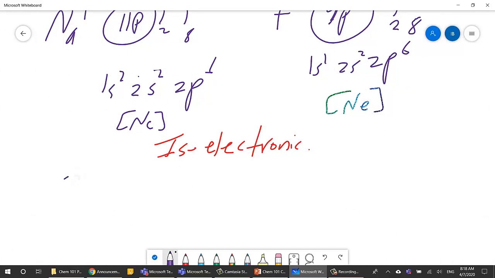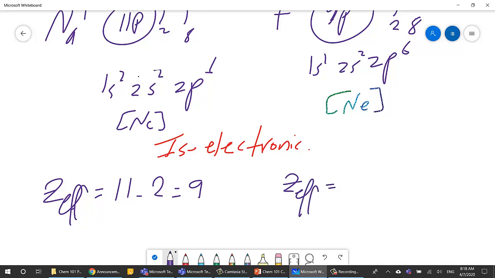In this case, Z effective for sodium is equal to Z, which is 11, minus core electrons, which is 2, which is 9. Now Z effective here for fluorine is equal to 9 minus again 2, which is 7. So the Z effective in Na+ is higher than F minus, and therefore we say that Na+ actually is smaller than F minus.